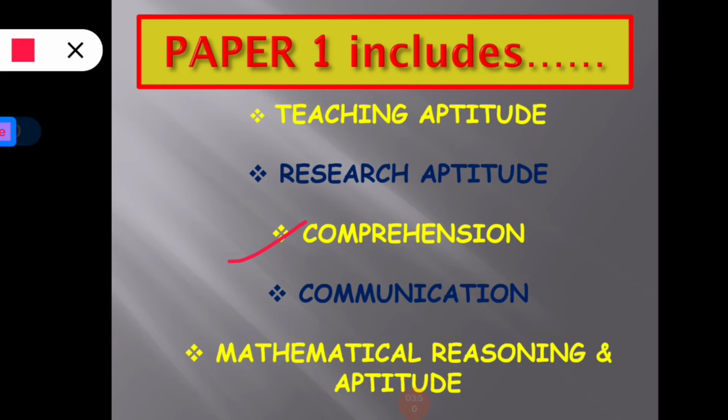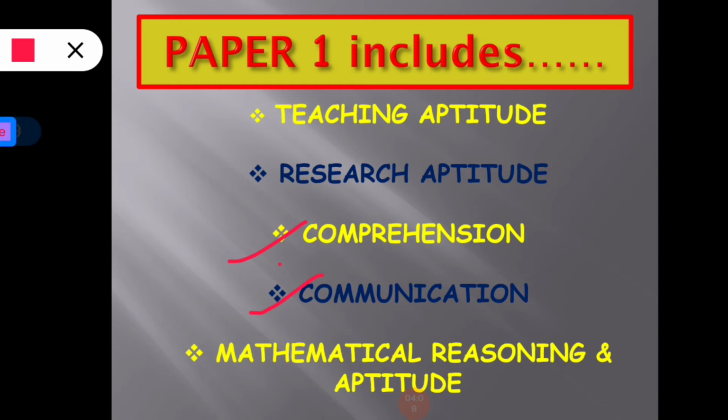Okay, so now going to chapter 4, that is communication. Communication discusses the types of communication, barriers in communication, effective classroom communication, and mass media, and most importantly, society.